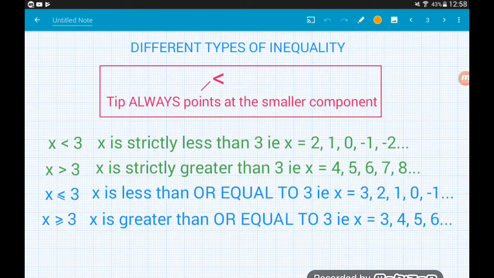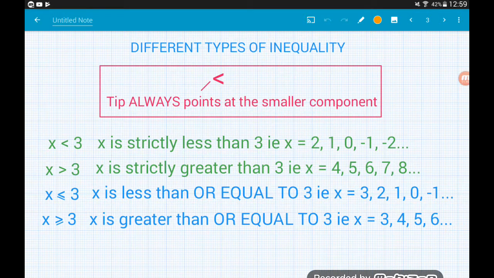So, there are different types of inequality. The tip of the arrow is always pointing at the smaller part of the inequality. So this top one then we would read as x is strictly less than 3.